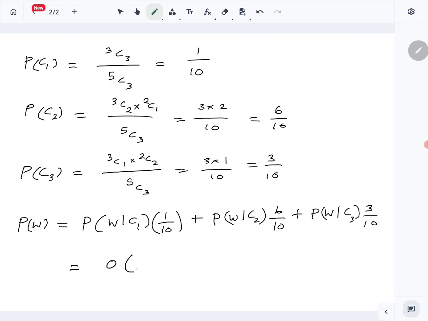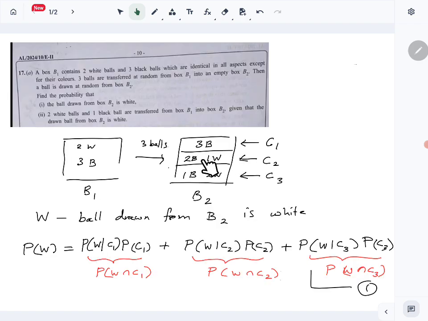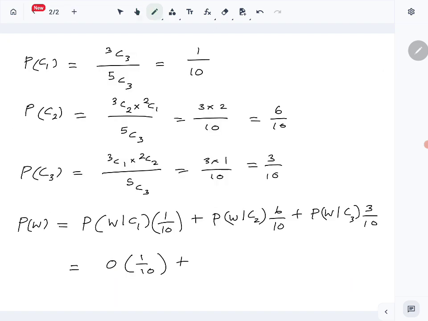So that is 0 times 1 over 10, plus. Then next one is you choose case 2 and then pick a white one. Now your box 2 has 2 black balls and 1 white ball. So what is the probability of picking the white ball? That is 1/3. So that is just 1/3 times 6 over 10.